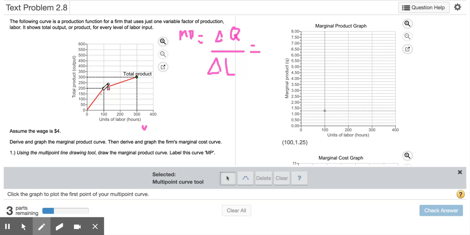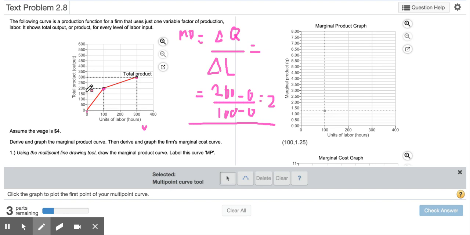We can pick any 2 points, so I'll pick this point and calculate the slope between them. The slope is 200 minus 0 over 100 minus 0. So we have 2. Marginal product is 2, and we use the same procedure between the other 2 points.